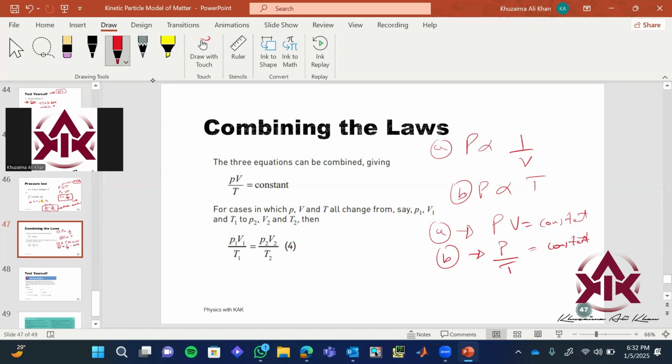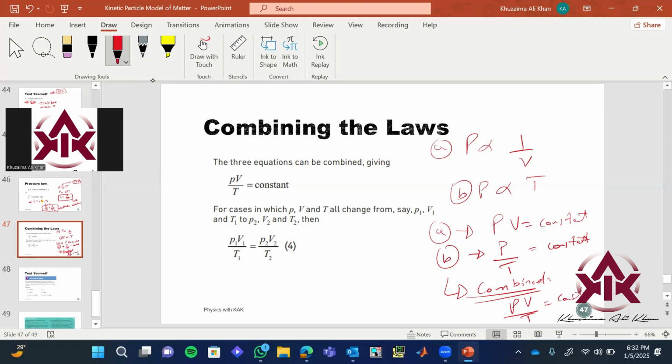The combined version of this equation becomes PV upon T equals constant.